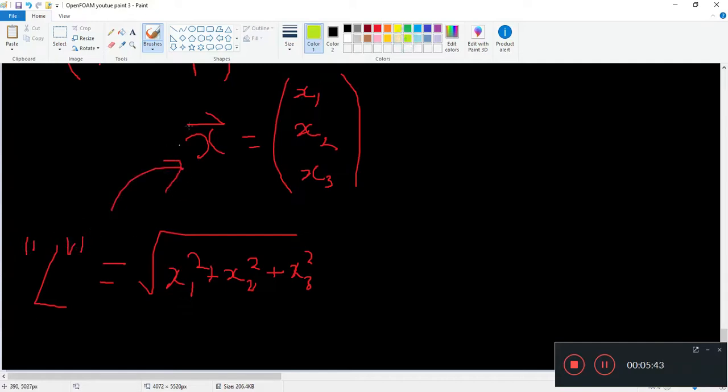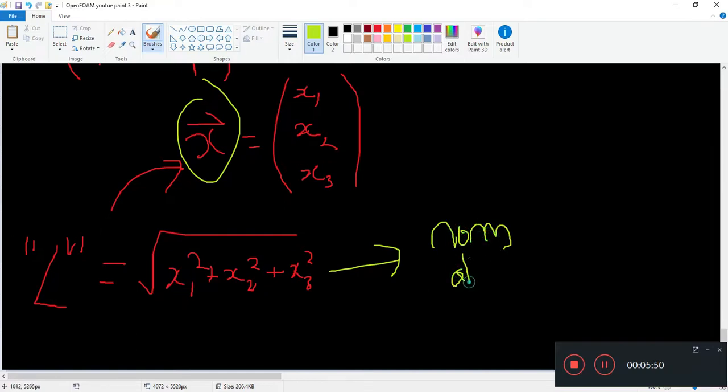Another, more formal way to say it is that this is also called the norm of a vector.